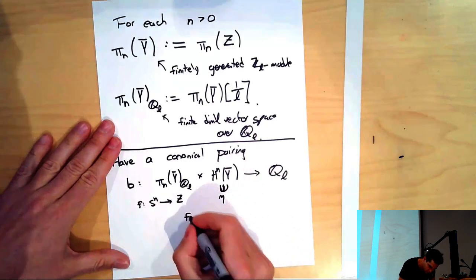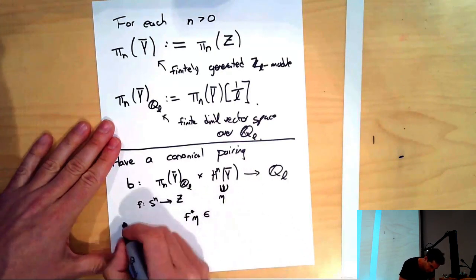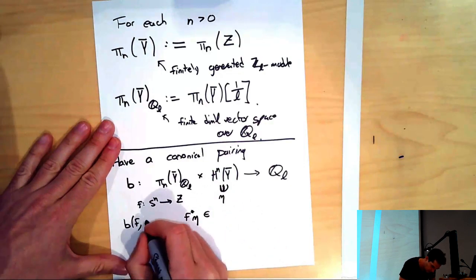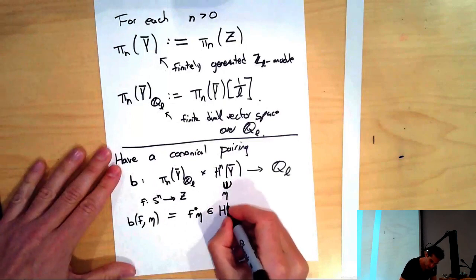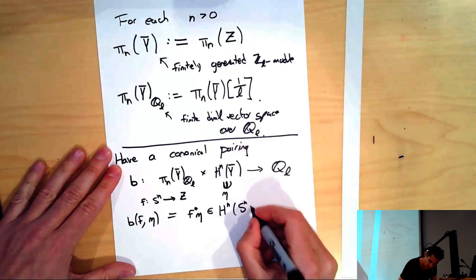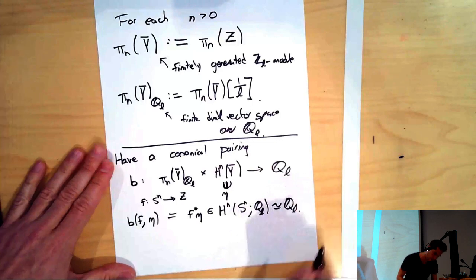And then what you're supposed to do is just take the pullback of eta. So B of f comma eta is the pullback of eta, which lives in Hn of the n sphere with Q_L coefficients, which is canonically isomorphic to Q_L itself.